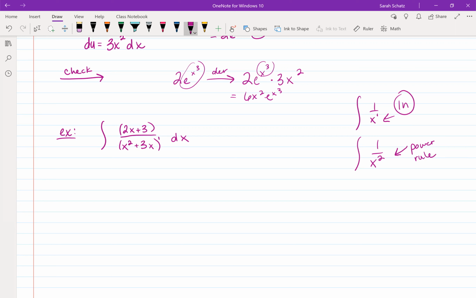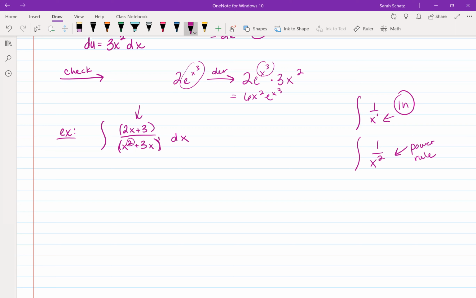It's only when it's the first power on the bottom. Now, don't let this squared fool you. You say, oh, there's an x squared down there, this is just power rule. No, because that's not how these things are working. You guys, you have to consider the whole term, and it is only being raised to the first power. So when I see this in this particular form, I don't even care what's up here.